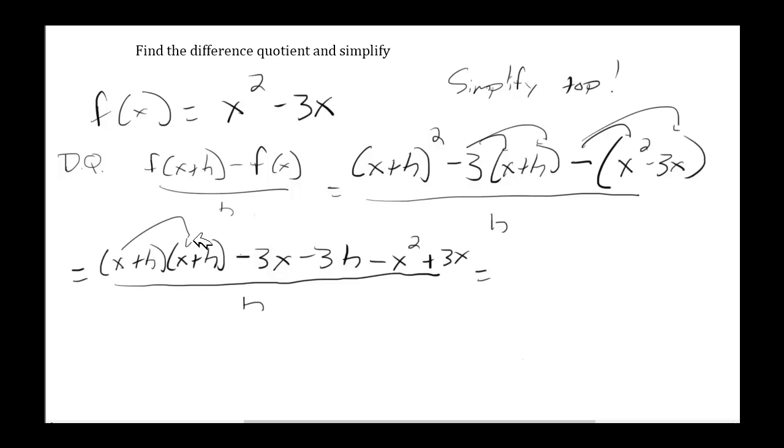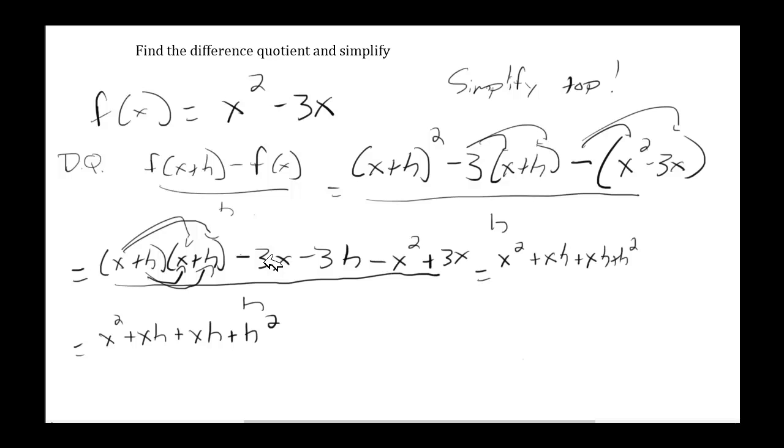So x times x is x squared plus xh plus another one, and then here's h squared. Oh, I need some more space, so I'm just going to go down here. So x squared plus xh plus xh plus h squared.